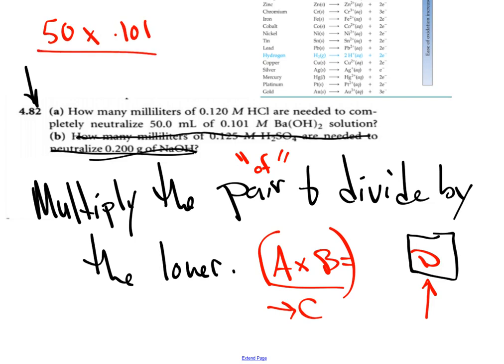What number is not involved in that? 0.120. So to solve this problem, I simply multiply the ofs and divide by the third number. So 50 times 0.101 divided by 0.12 is 42-ish, if I remember right from last hour. All right, then what unit would you put on it? Milliliters, because it asks for how many milliliters.